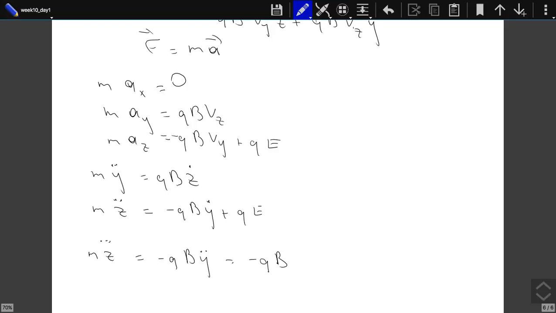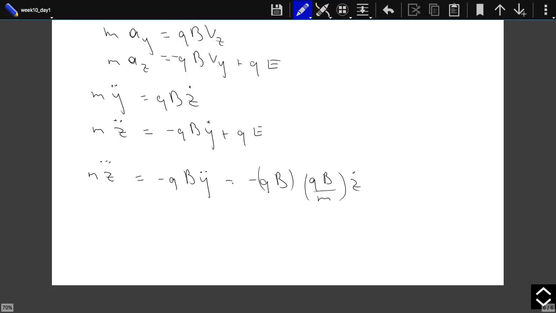But from the first equation, I know that y double dot is QB over m times z dot. So d squared by dt squared of z dot is equal to minus (QB over m) squared z dot. So the z coordinate is just doing some harmonic motion.